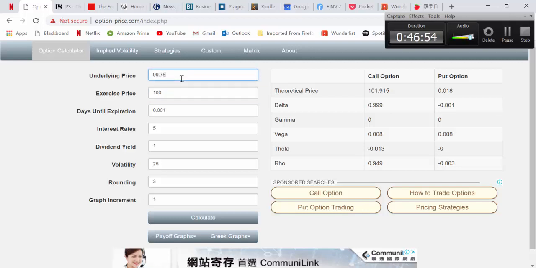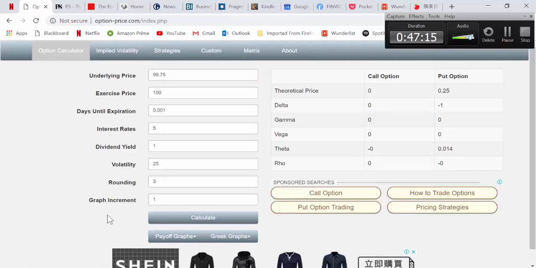Now you're going to see some very weird things happening. So I now have an option which maybe only has a few minutes to expiry. The strike is 100, and I'm 25 cents out of the money. So watch what happens when I price. Look at the delta. So delta is 0, and theoretical price is also 0.